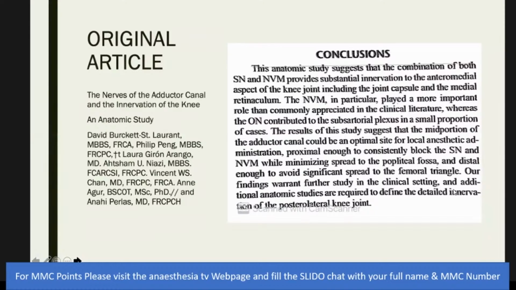The result of the study suggests that the mid portion of the adductor canal could also be an optimal site for local anesthetic administration, proximal enough to consistently block the saphenous nerve and nerve to vastus medialis, while minimizing the spread to the popliteal fossa, and distal enough to avoid significant spread to the femoral triangle.